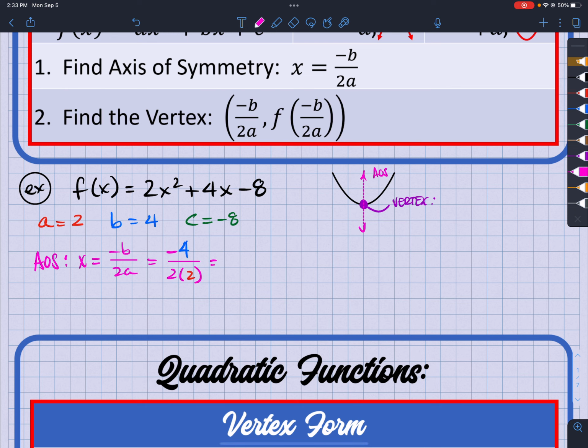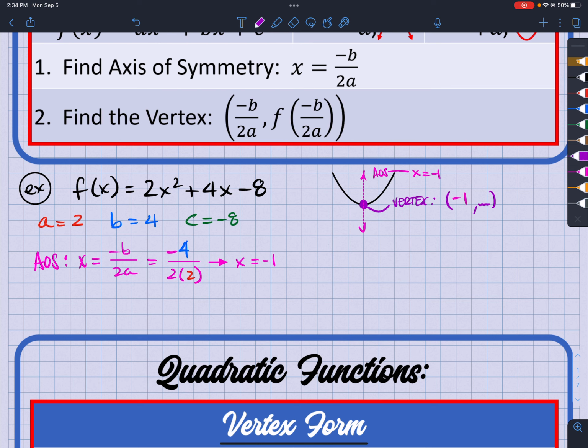That's going to give me -1. This tells me that x is equal to -1. Notice that my axis of symmetry says that x equals -1, which tells me that my vertex already has an x value of -1.